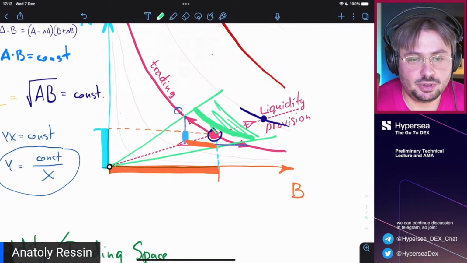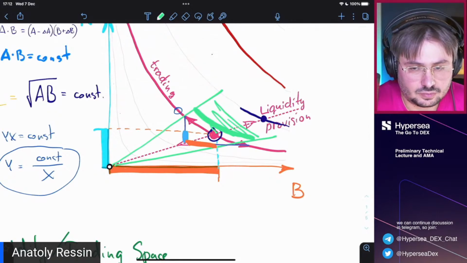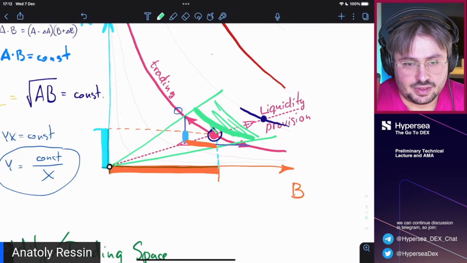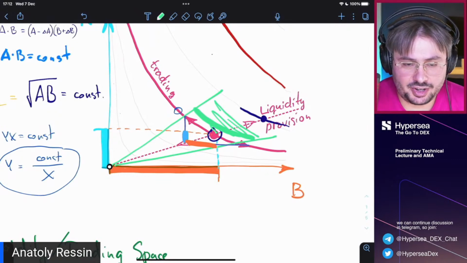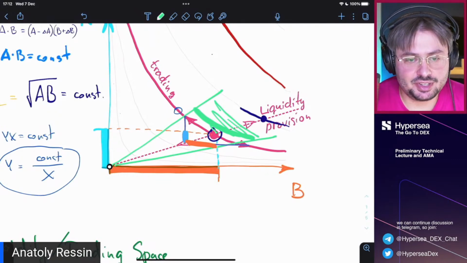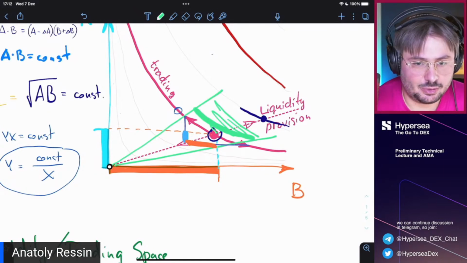And if we know that the price will fluctuate somewhere here, then there is no reason to provide liquidity outside of this range.